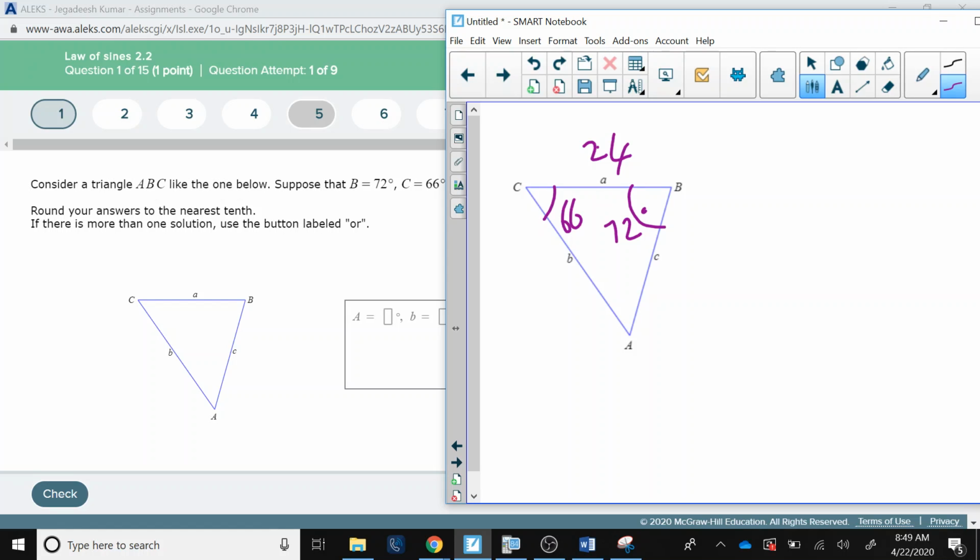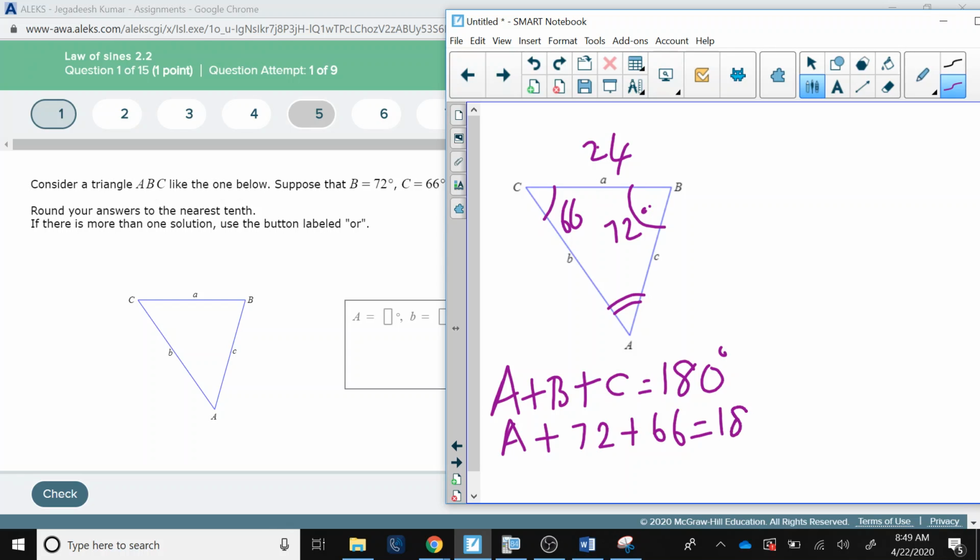Let's start. First of all, in a triangle, angle A plus B plus C equals 180 degrees. When you add all three angles of a triangle, it should always add up to 180 degrees. Angle A is not known here, so A plus B, which is 72, plus C, which is 66, equals 180.